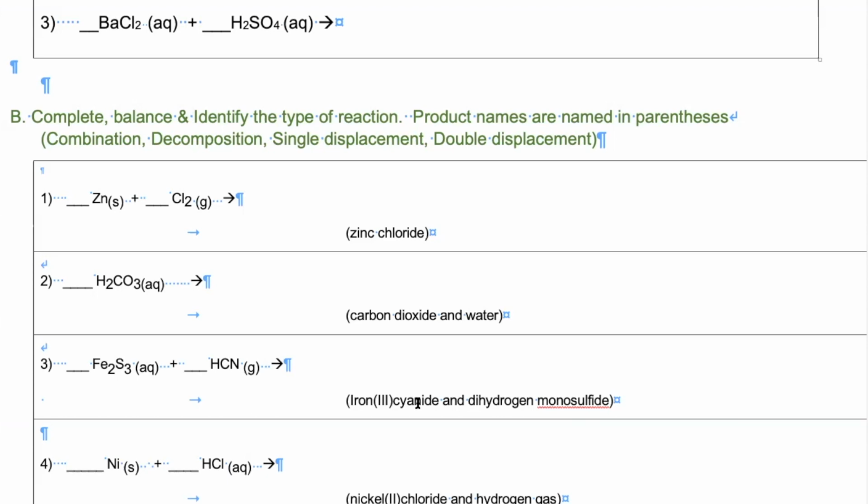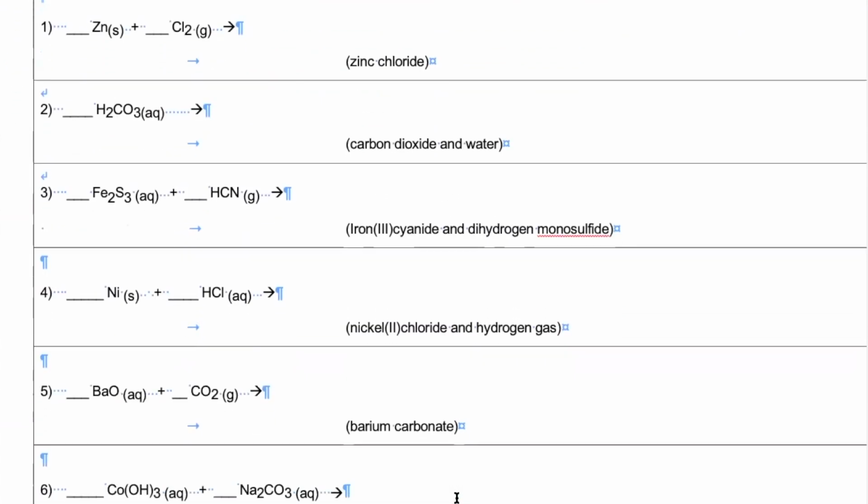So crisscross, you need 3 cyanides for every 1 iron. That's the formula. And then hydrogen sulfide, H2S. Once you get the formula, then you can balance the equation. That's why I give you the name. It's to refresh, to make sure that you guys remember nomenclature, naming these things.